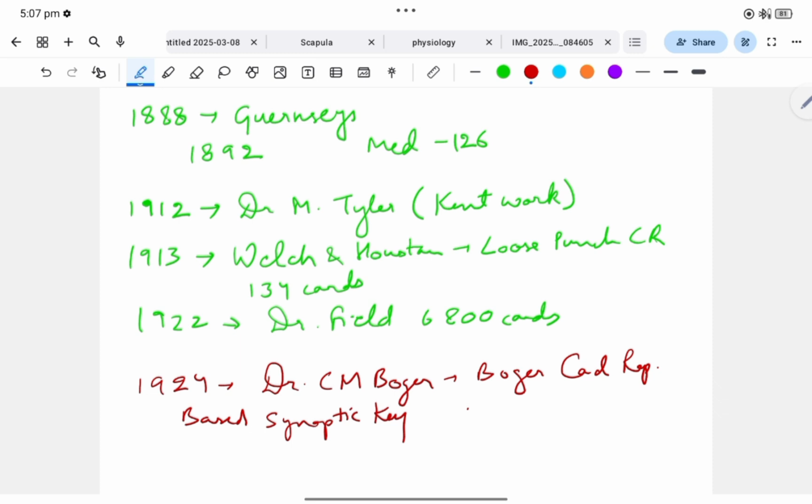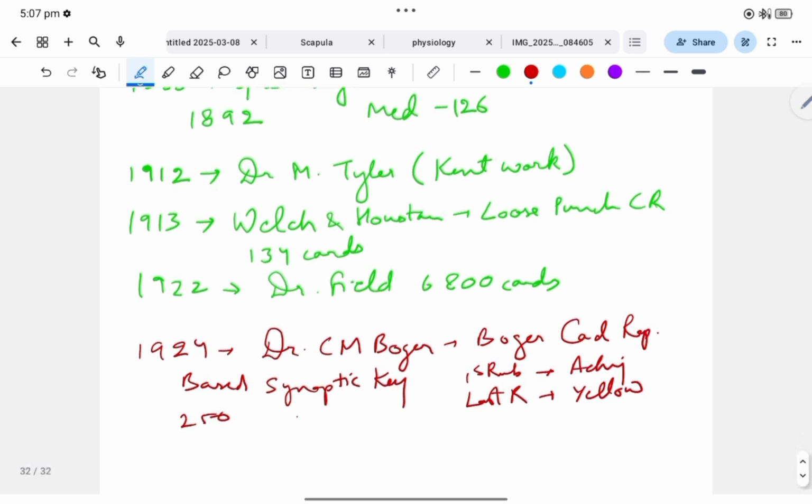First rubric was aching and the last rubric was yellow. Total number of medicines were 250 and total number of cards were 305 but 319 as per Dr. L.D. Dhavle.